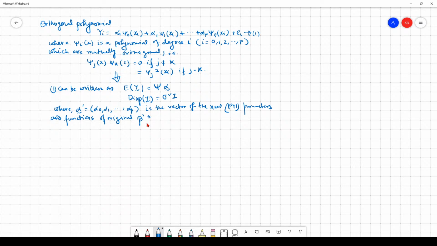This comes from the polynomial regression, that is related to the original beta.